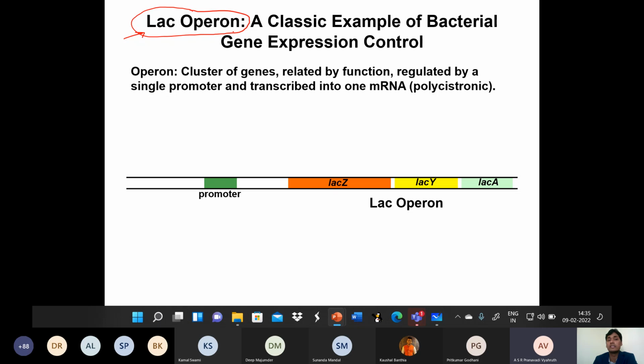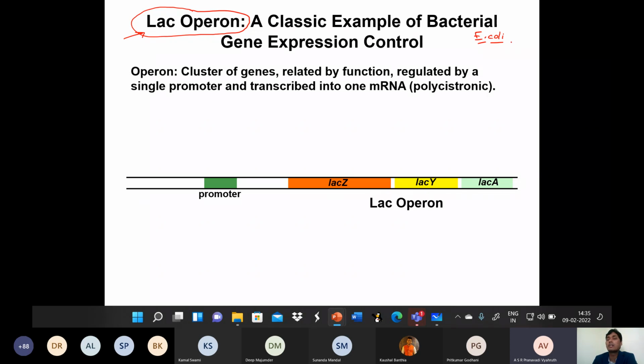All this biological discovery happened in bacteria, particularly in E. coli. This is a bacterium. Almost all of you have heard about this name. E. coli is a model bacterium, and there are many laboratory strains. They are non-pathogenic, which means you can freely work in the lab.